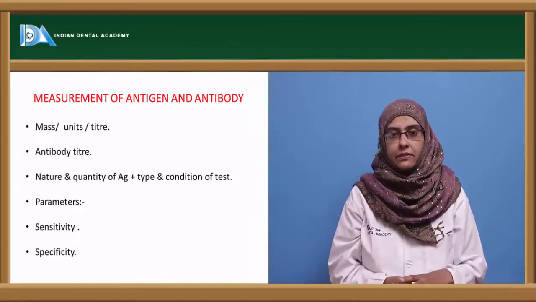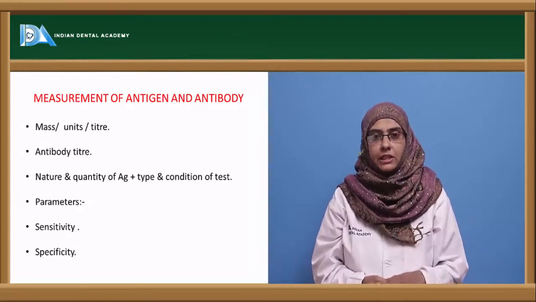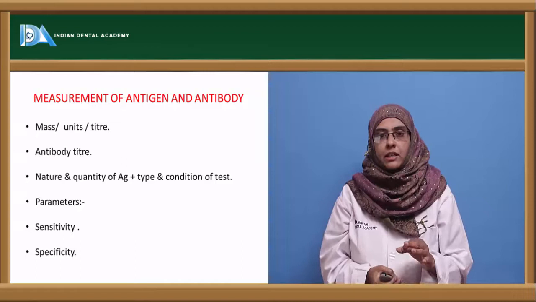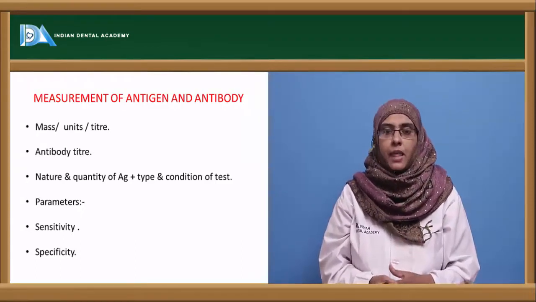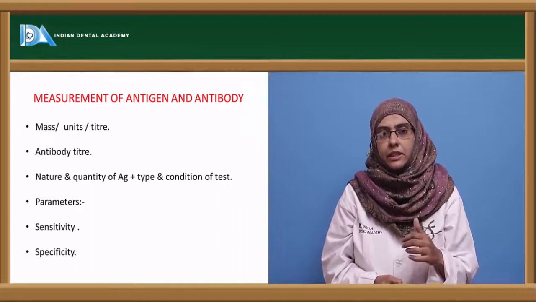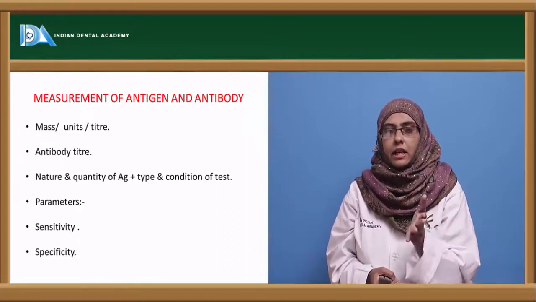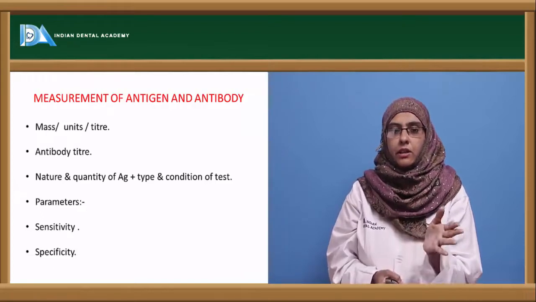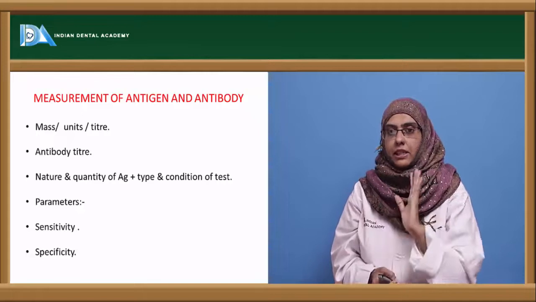One is called the sensitivity test and the other is called the specificity test. The sensitivity test is used to identify either antigen or antibody in minute quantities, and in the sensitivity test there is no false negative result, or there will be minimal false negative results.